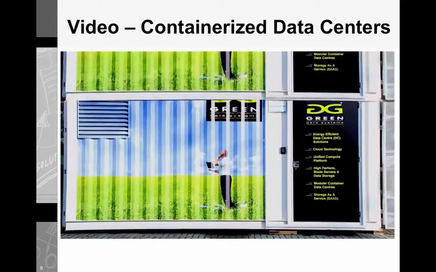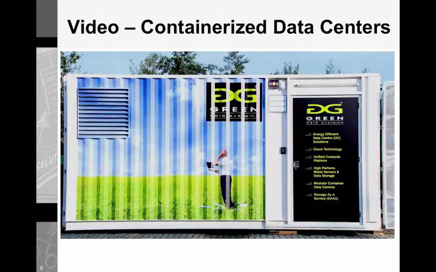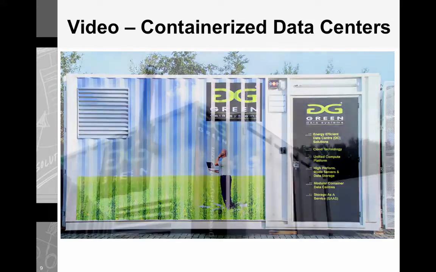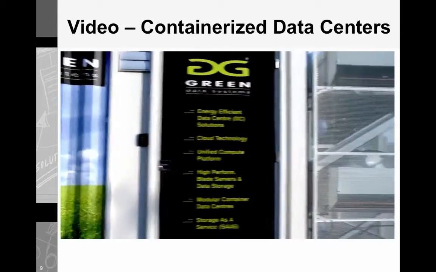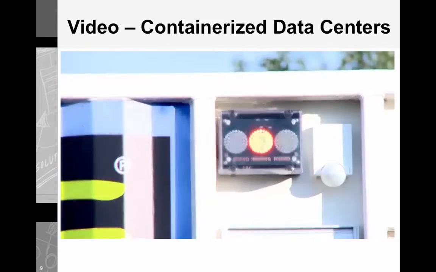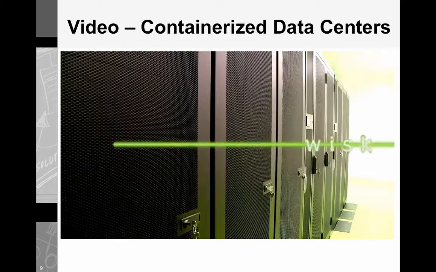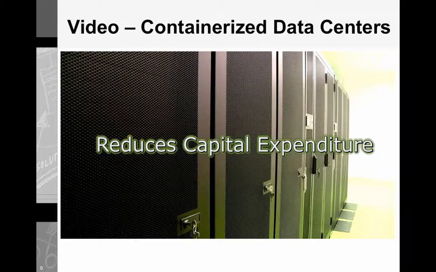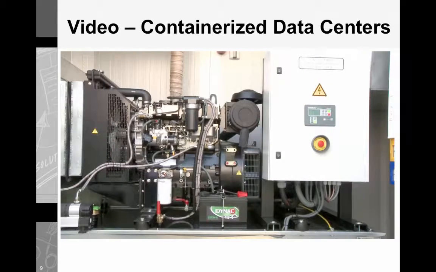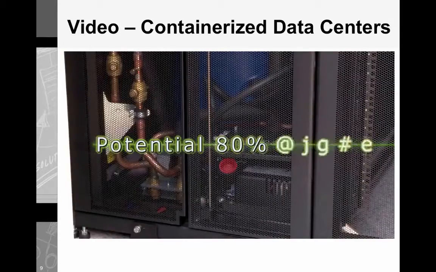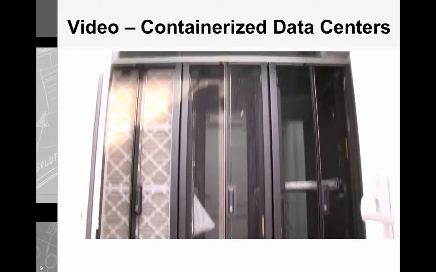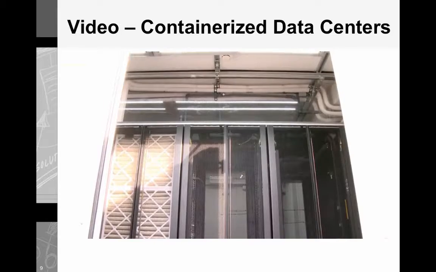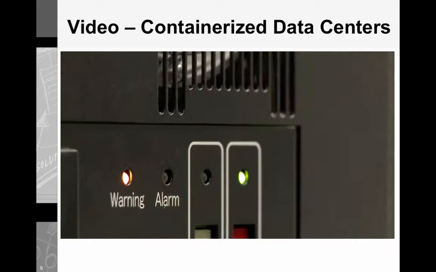to expand, complement, or even replace traditional fixed brick-and-mortar data centers. The modular approach that Green Data Systems has developed adds capacity as needed and is more manageable and cost-effective. It reduces capital expenditure and provides a potential 80% saving in operating expenses. Realization of a conventional data center usually takes 24 to 36 months.